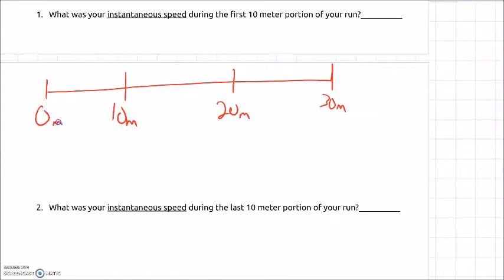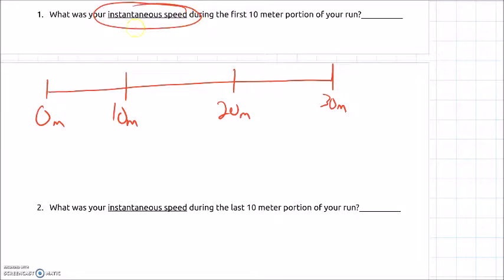We'll mark 0 meters just for good practice there. And we're interested in the speed, or the instantaneous speed. So instantaneous just means at a given time. So we're interested in the speed between, let's call this A and B, the first 10 meters of our journey.